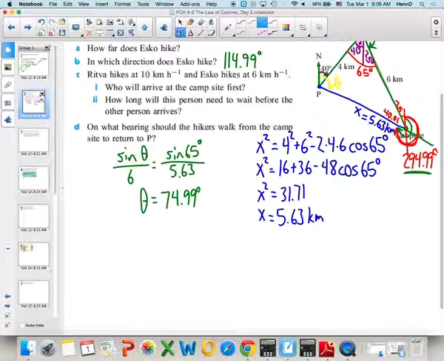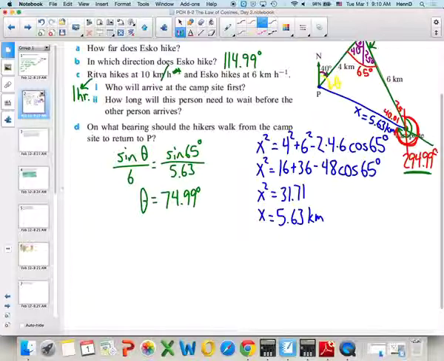1 hour, okay? If he's going 10 kilometers an hour, it takes him an hour. Per hour, that's hour divided by kilometers per hour. Wait a minute. It seems as if Esko gets there first.